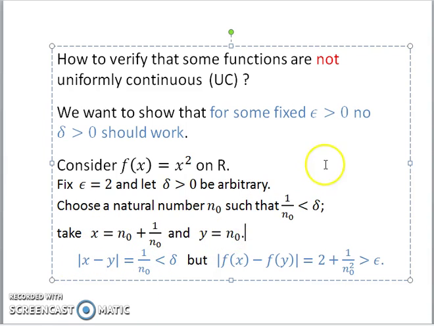That means for some fixed epsilon, try to see that f of x minus f of y is less than epsilon for x minus y less than delta. The proof will reveal if there is any problem, and depending on that, we can decide for what value of epsilon we can work to show that some function is not uniformly continuous.